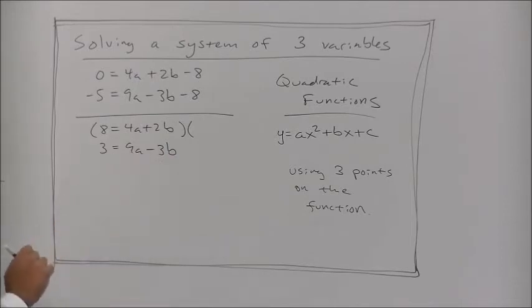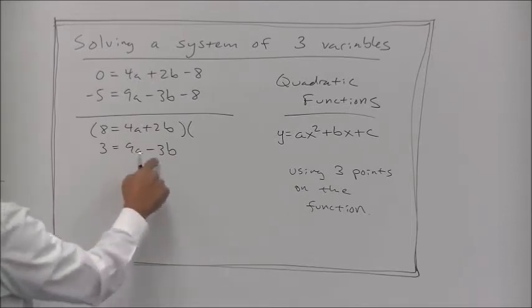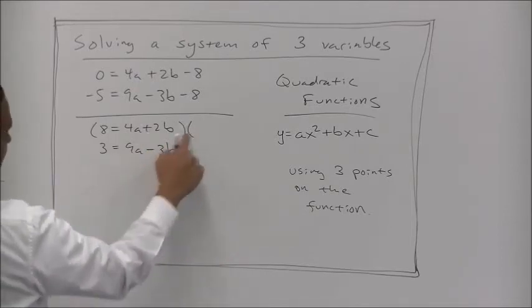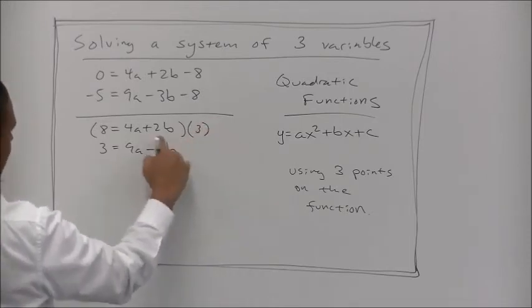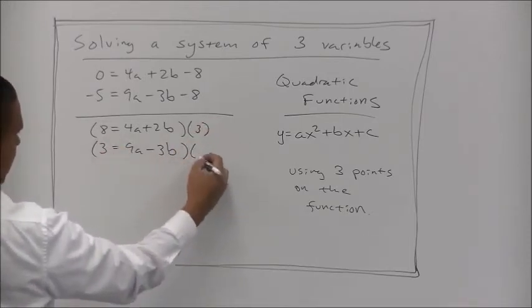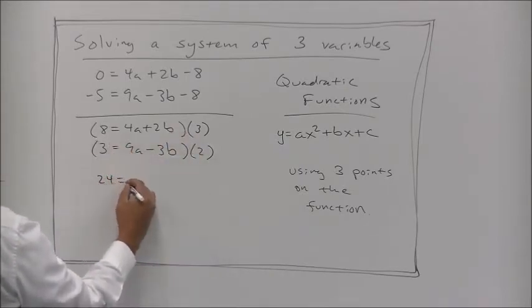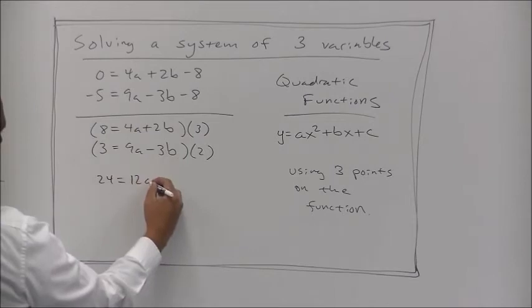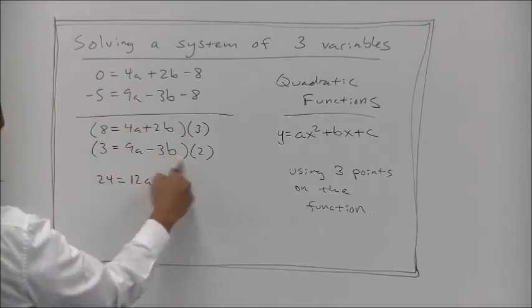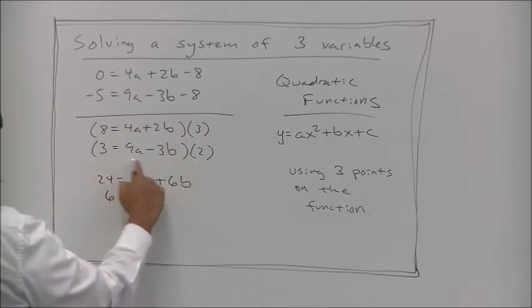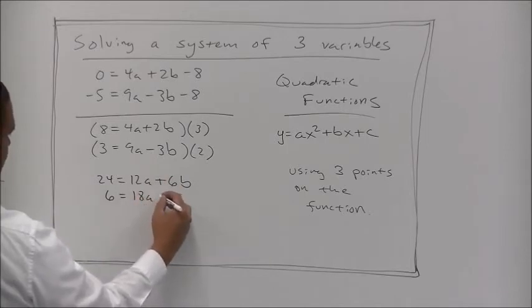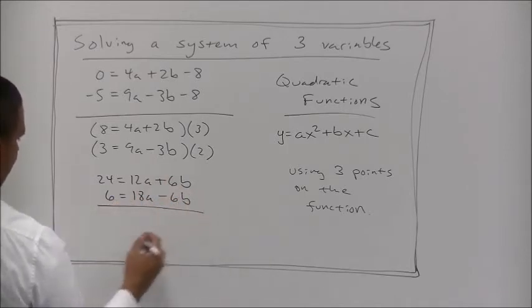I don't feel like multiplying by a 9. So we could go 3 and 2. Minus 3. Drop the 3 here and the 2 here. And that should give us opposites. 24 is equal to 12a plus 6b. 6 is equal to 18a minus 6b.